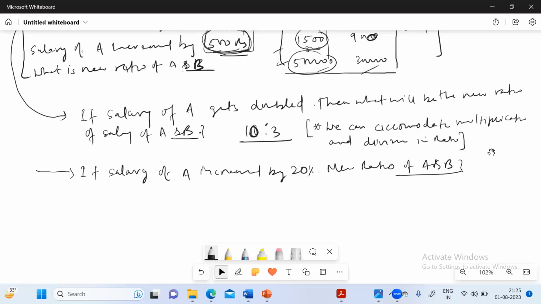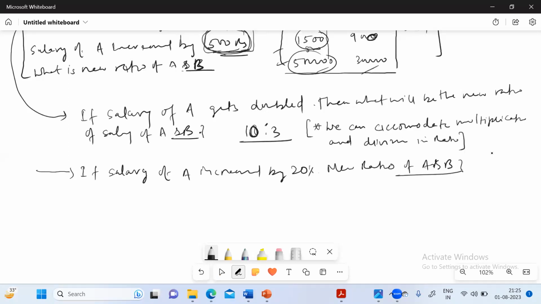So if A is 500, the 20% will be 100. If A is 1500, 20% will be 300. If A is 5000, 20% will be 1000. So the 20% value of A will depend on whatever value A has. It's not absolute, it's a dependent value.